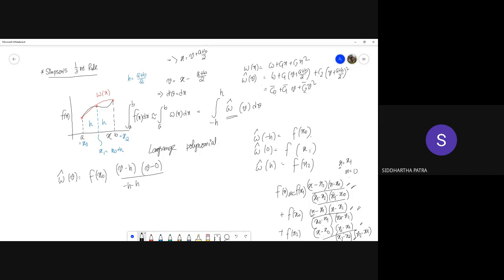The property of these polynomials is that they are either 1 or 0 at any of these three values. They could be taking any value in between, but at these points, they are either 1 or 0. And therefore, this could be written as an approximation of the summation over f_i N_i of x, i goes from 0 to 2. The property of N_i is that N_i at x_i equals 1 and N_i at x_j equals 0 if i not equals j.